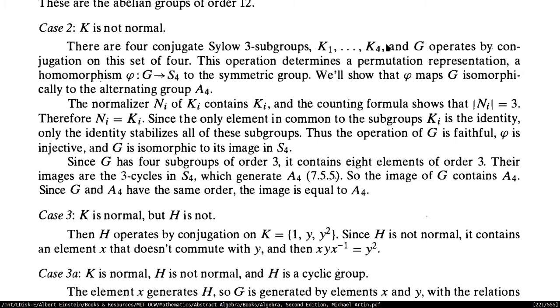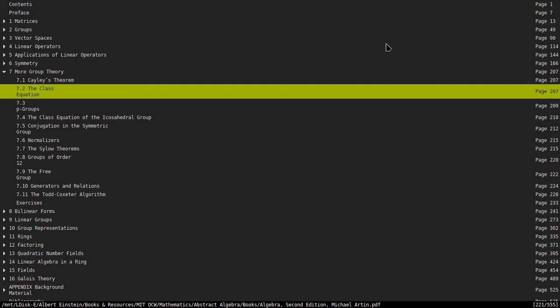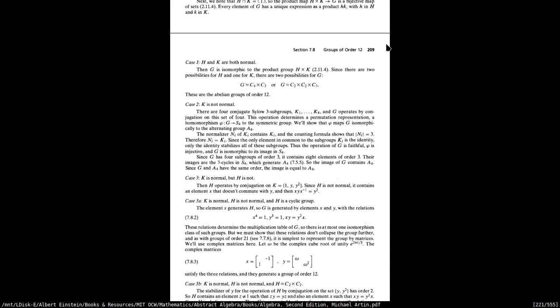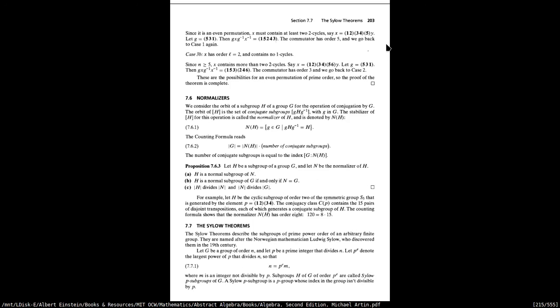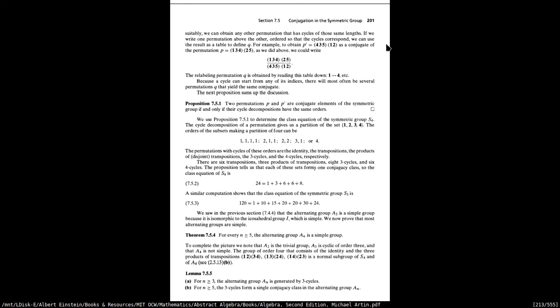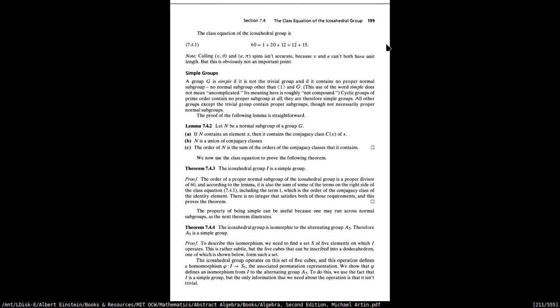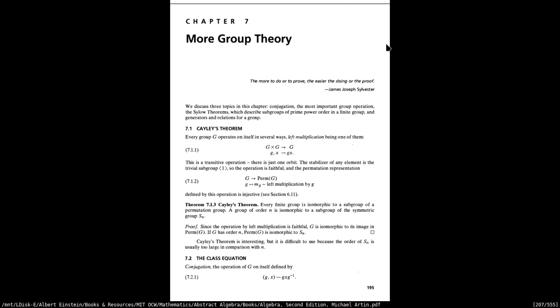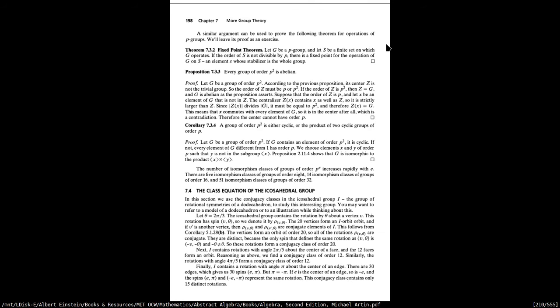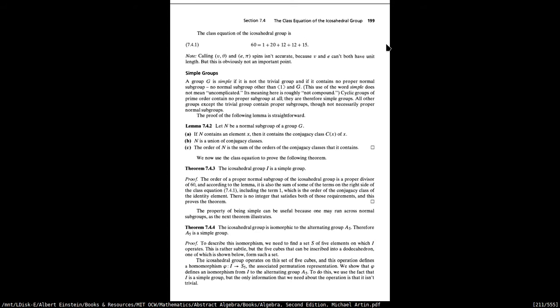If a group G acts on something, is it the number of elements in the orbit times the size of the stabilizer is equal to the order of G? Something like that.